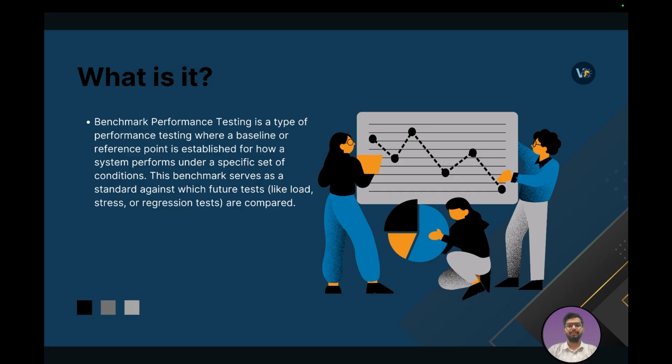Benchmark performance testing is a type of performance testing where, as the name suggests, a baseline or reference point is established for how your system behaves or performs under a specific set of conditions. For example, load testing, stress testing, regression or endurance testing: all this testing will be measured against some baseline, and those are the readings that will always be compared whenever we perform performance testing for a new release of our application.